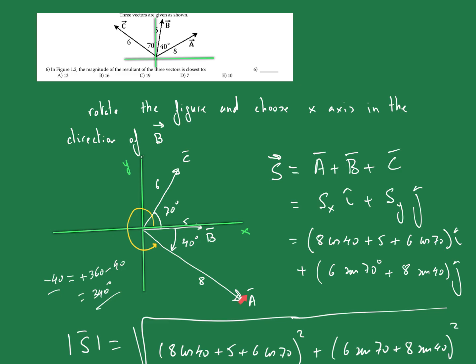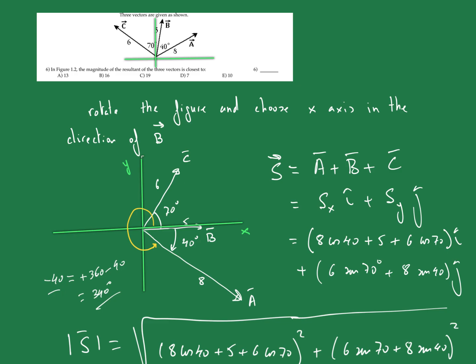How much of this 8 is in the X direction? 8 cosine of 40. So the total amount that is in the X direction is the 5, the 8 cosine of 40, and the 6 cosine of 70.